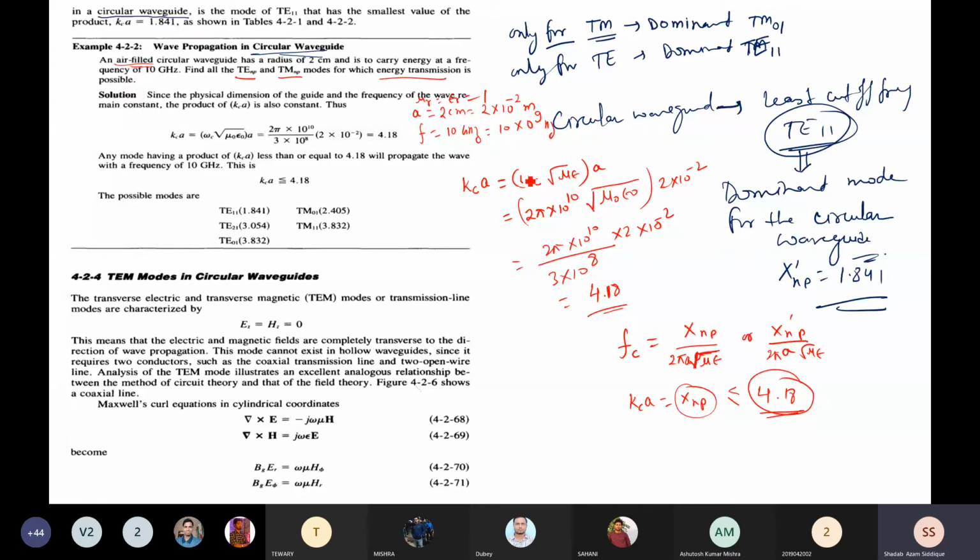We know that at this maximum frequency we got x_np as 4.18. So to have the cutoff frequency fc less than or equal to 10 gigahertz, x_np should be less than or equal to 4.18.